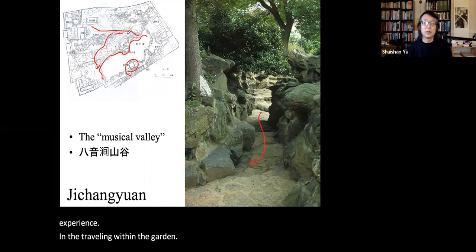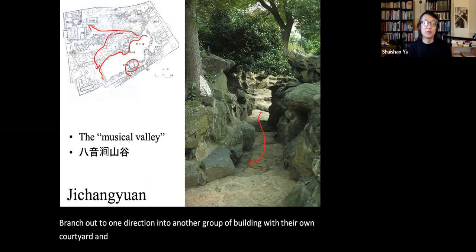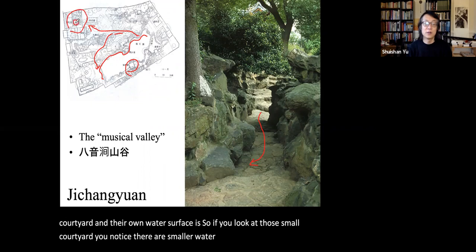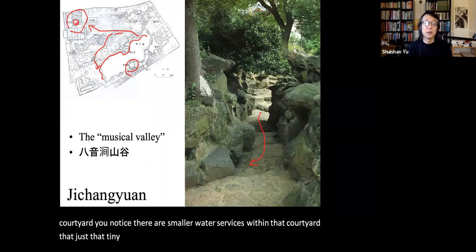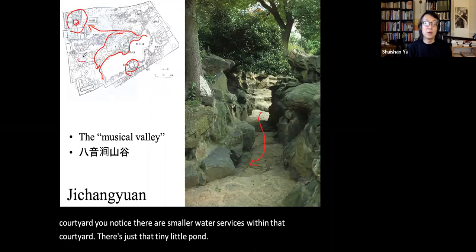So that passage branches out in one direction into another group of buildings with their own courtyard and their own water surfaces. If you look at those small courtyards, you notice there are smaller water surfaces within them. There's just that tiny little pond. And there as well, there's another water surface.